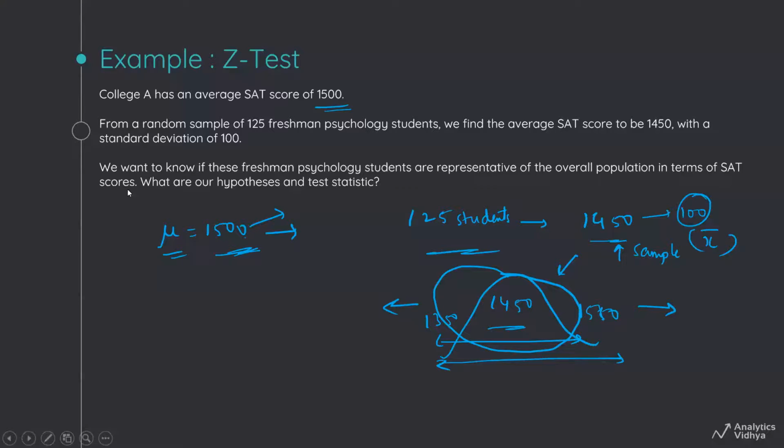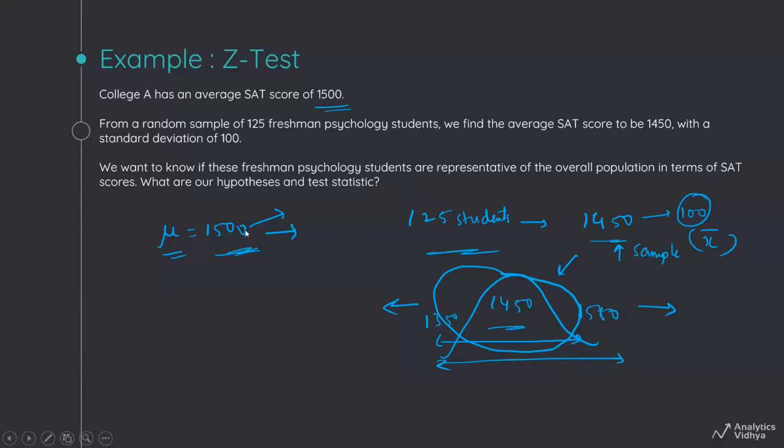Now, what are we trying to find here? We want to know if these freshman psychology students are representative of the overall population in terms of SAT score. What are the hypothesis and test statistic? So the problem at hand is that I have taken 125 students into consideration. I have taken the sample mean, but is it representing the actual hypothesized mean value according to my general understanding?